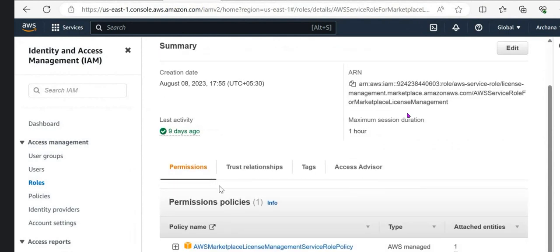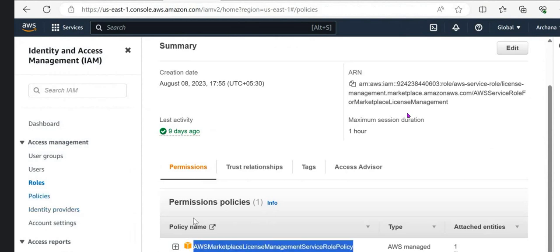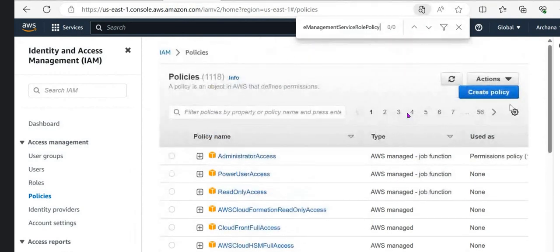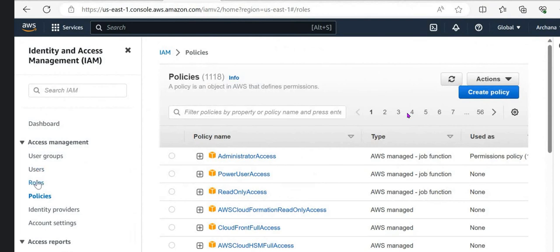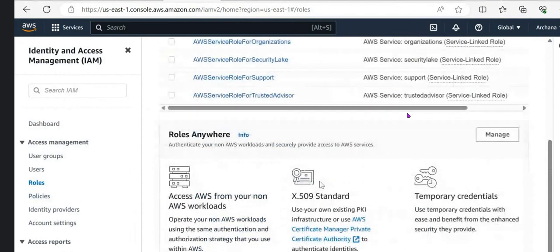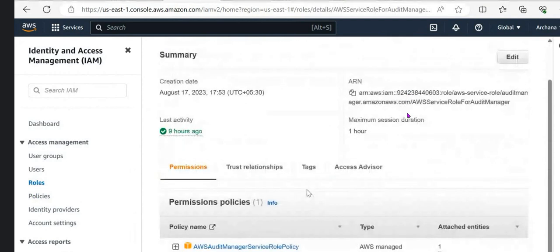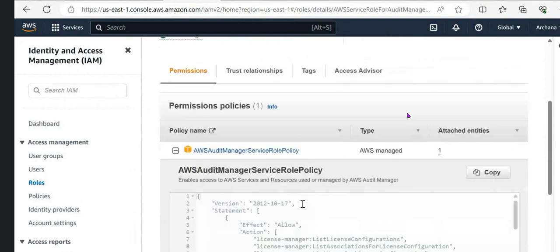Now this is saying permission, then it's saying policy name. They are not distinguishing between them. The top is saying policies, then here it is saying permissions. So this is a little confusing and ambiguous. People easily get confused.